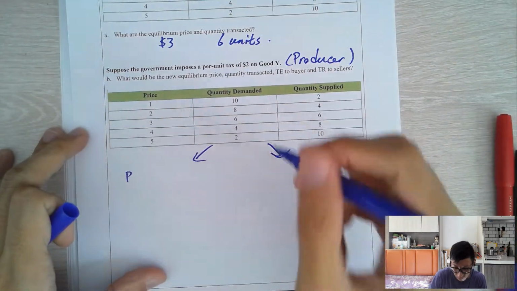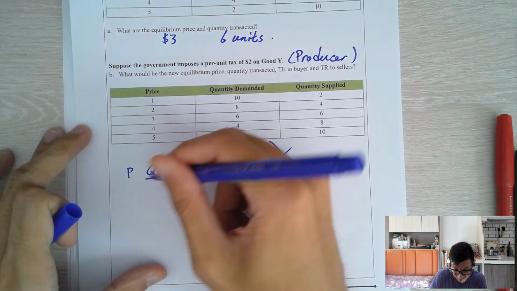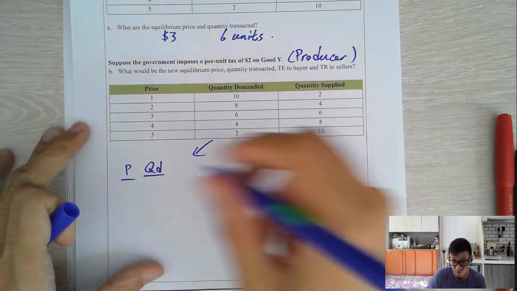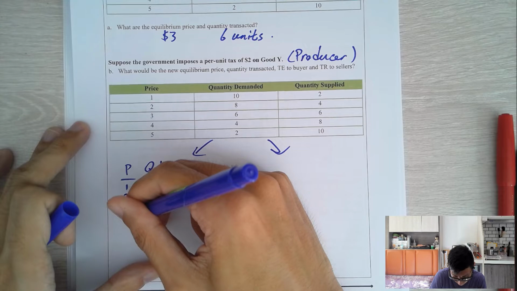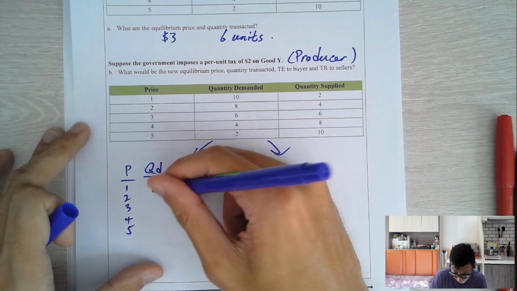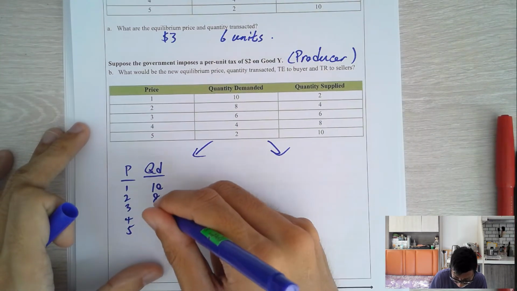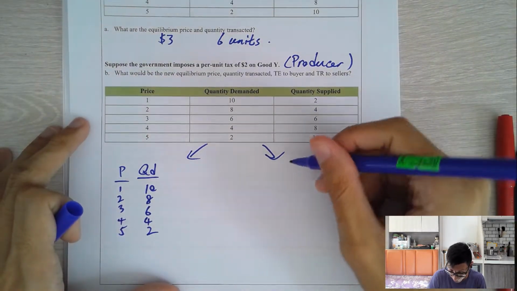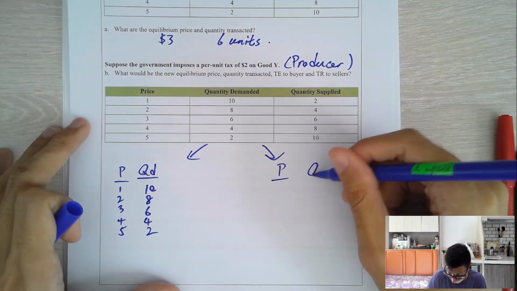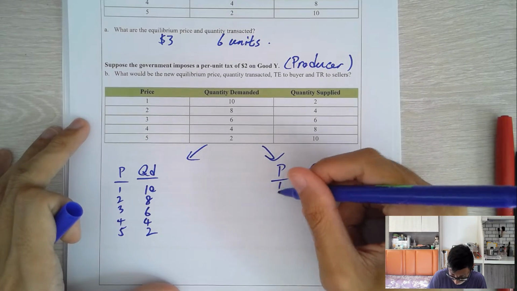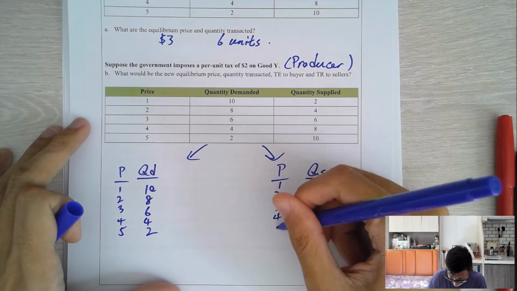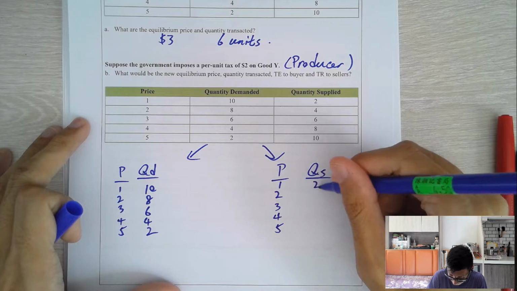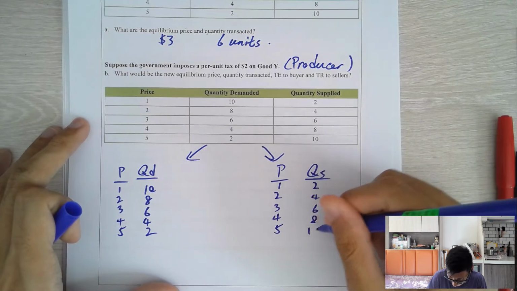The first table, we have the demand schedule, which will be 1, 2, 3, 4, 5, 10. Another one would be the supply. 1, 2, 3, 4, 5. And here 2, 4, 6, 8, 10.